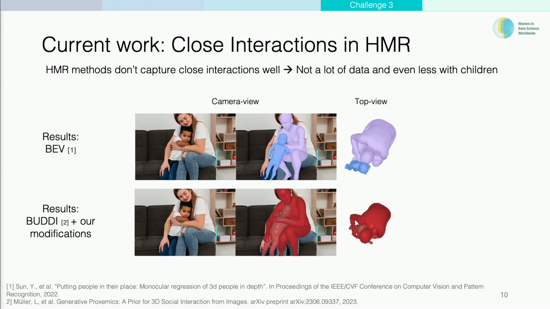That has been, I think, my main learning in diving into this space. Children are their own thing, and they're special, and they should be handled as something different and interesting in and of itself. So here we can see from the camera view, they look like they're embracing, but from the top view, they are actually embracing. So the identification of downstream attributes from these meshes will be correct.